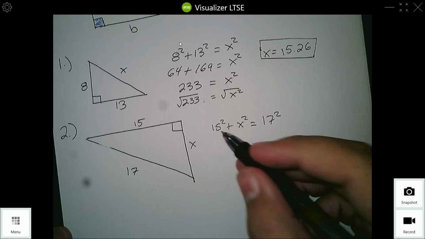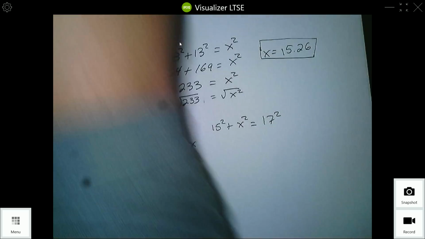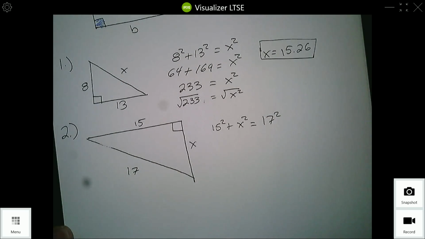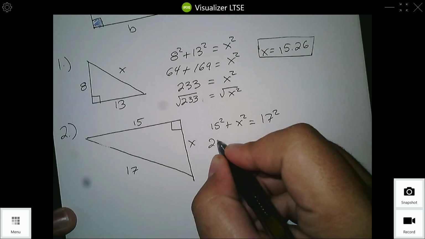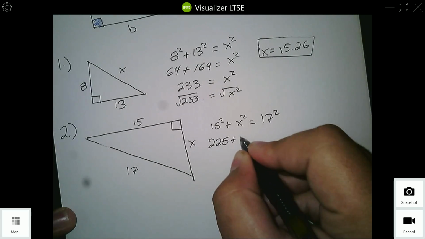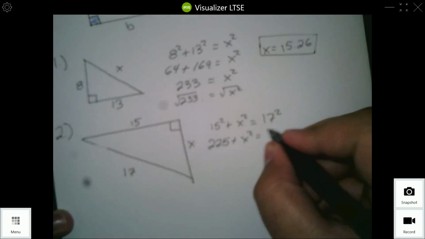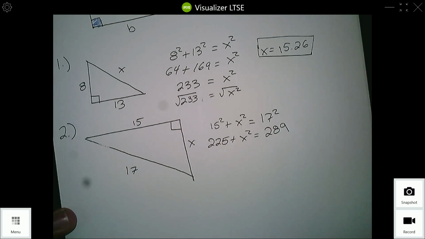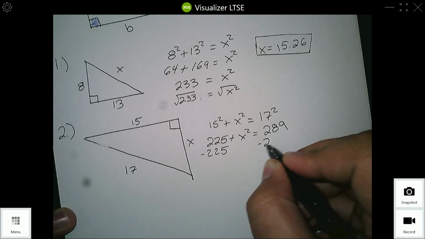Now we need to simplify these terms. We need to find what 15 squared and 17 squared are, so we plug those into our calculator. 15 squared gives me 225 plus x squared, and 17 squared gives me 289. Now we're solving for x squared in this instance, so we need to subtract 225 from both sides.